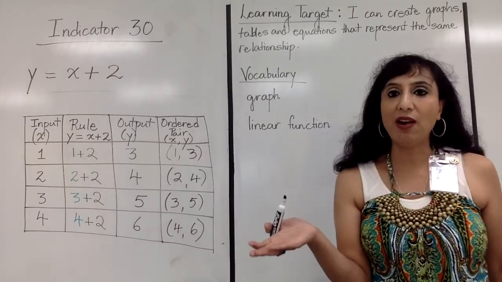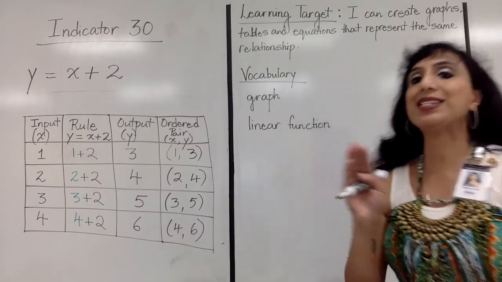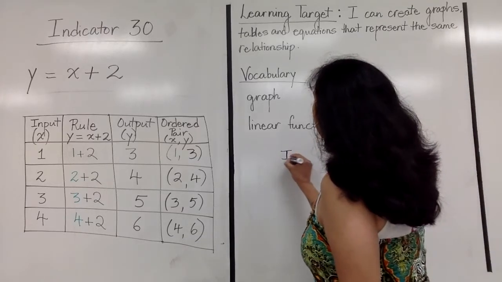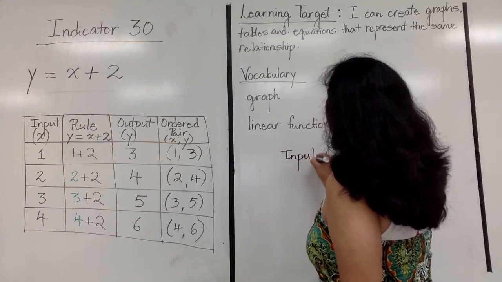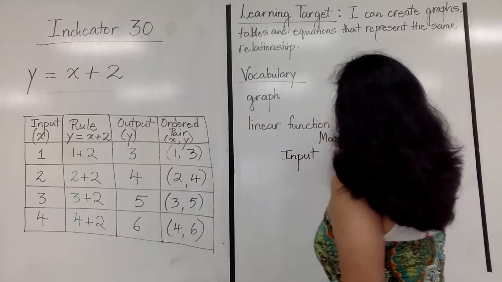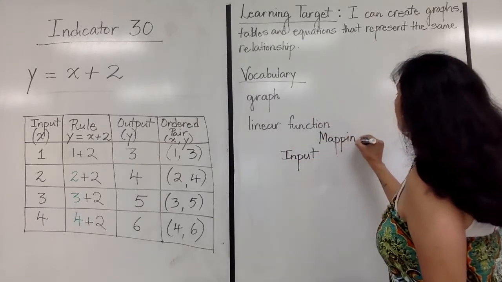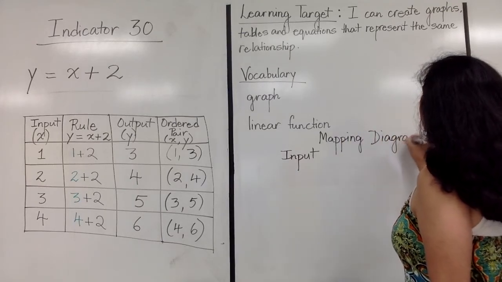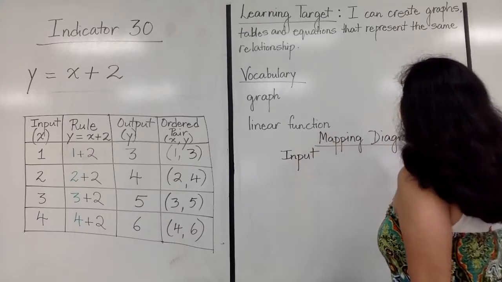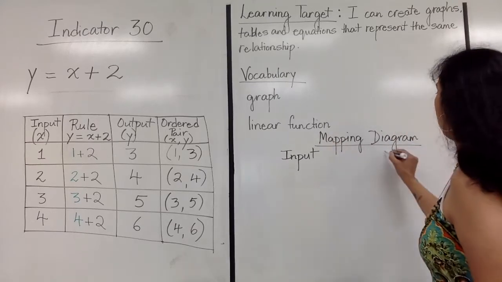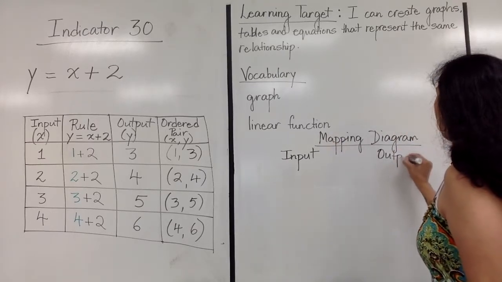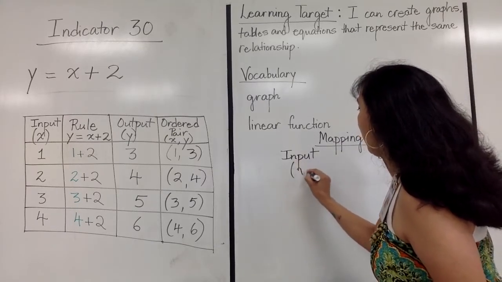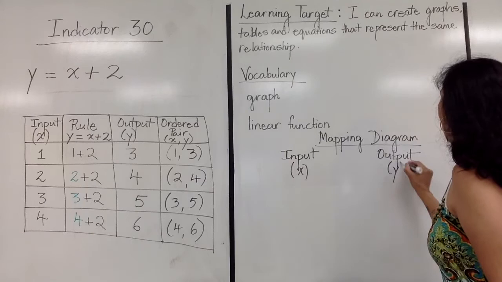Now, the mapping diagram that we had talked about earlier: you basically have your input, and I'm just showing you what a mapping diagram looks like, so that you have knowledge of this in case you see it. You have a mapping diagram of a function rule with input and output. The input is x, and output is y.